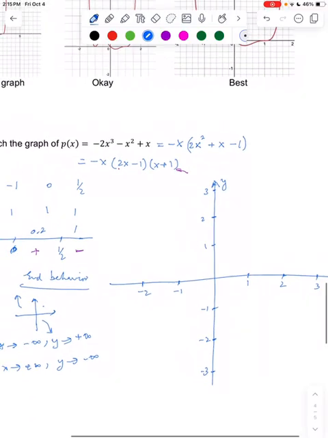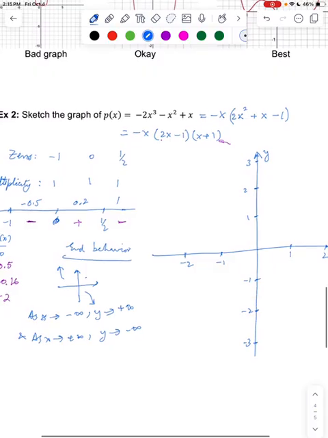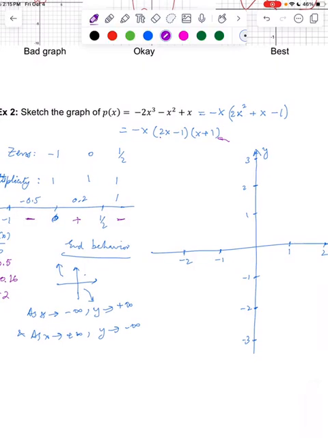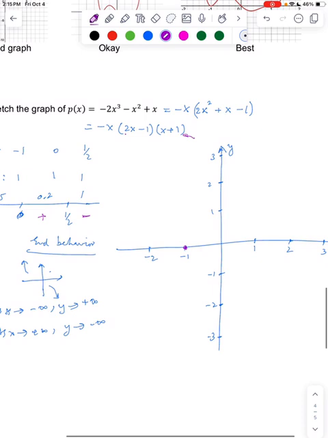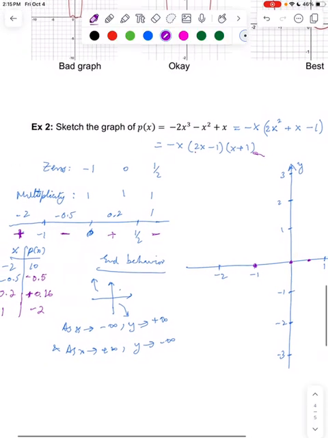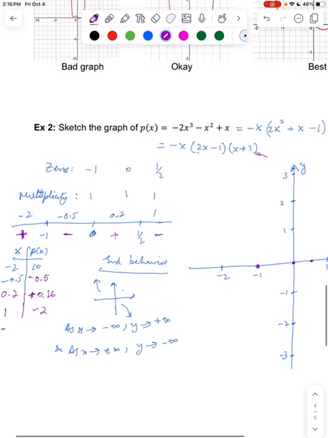Let me use another color. At 0 and at 1/2. And we are coming from up here. We found that at -2 the value was 10. So that is too far away up there. If you want, you can find the value and add another number in the table of values like -1.5. So at -1.5, we are getting a value of +3. So at -1/2, the value is over here.